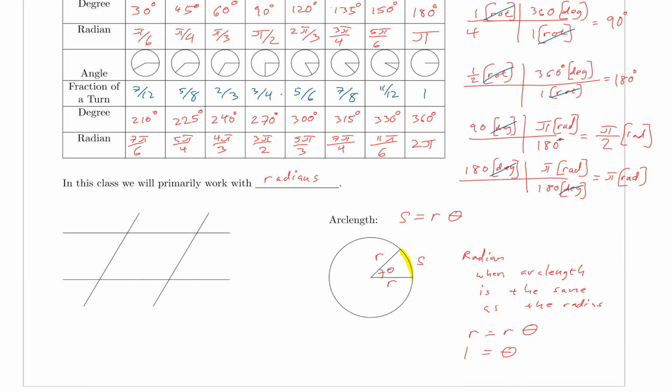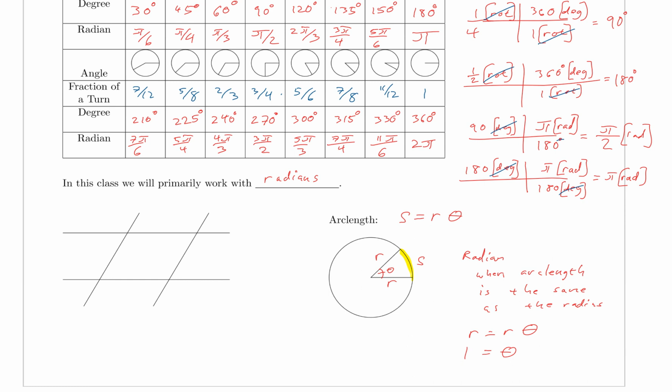Now, most of us probably don't have a feel for how much of a rotation 1 radian is. So why don't we convert radians into degrees? Because we probably all have a somewhat intuitive feeling for degrees.